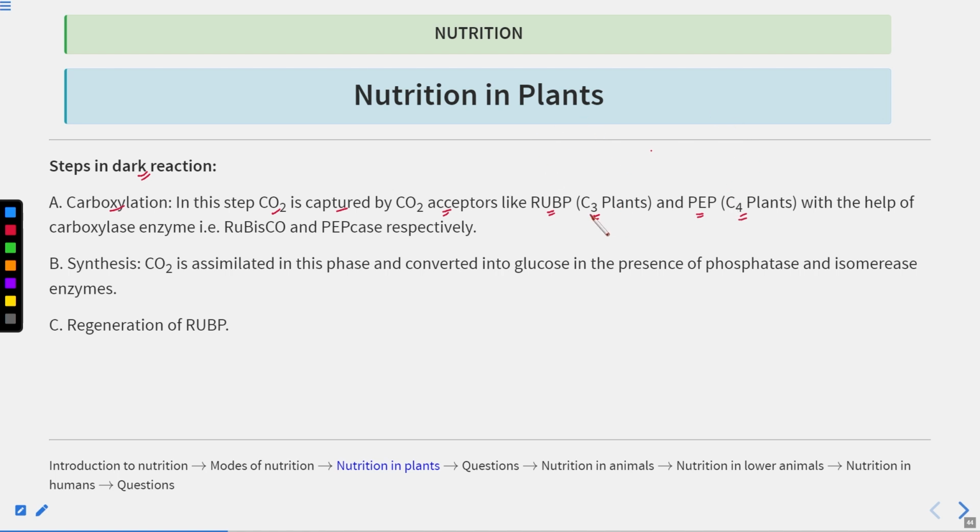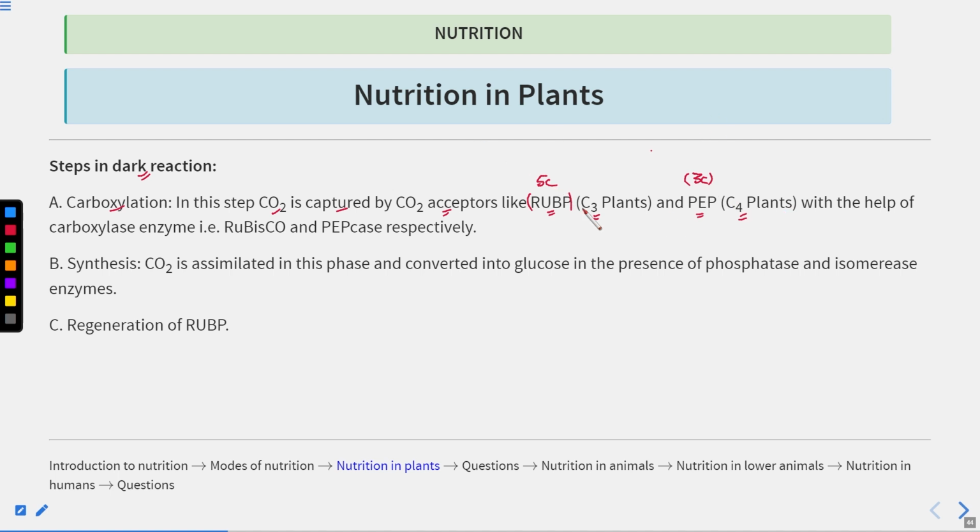So there are two kinds of plants, C3 plants and C4 plants. In C3 plants, the carbon dioxide acceptor is RuBP, which is a 5-carbon compound, whereas in C4 plants, the carbon dioxide acceptor is a 3-carbon compound known as phosphoenol pyruvate.